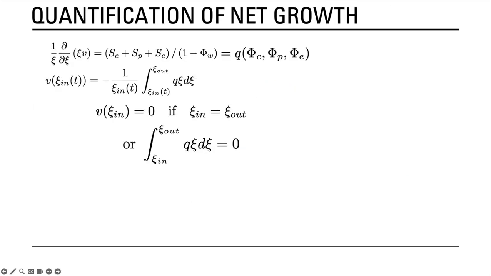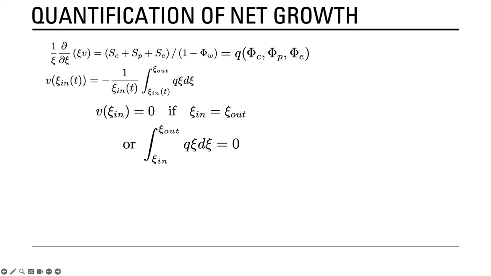So how do we understand that beyond me waving hands and saying there's regions here and here that balance? If we go back to our velocity equation and integrate that, in principle, we can write down what that velocity looks like in terms of this function Q, which is the source, which is the sum of the sources of the different constituents.